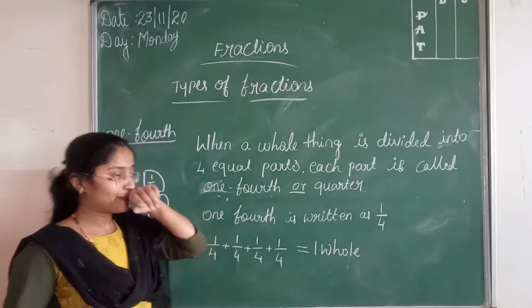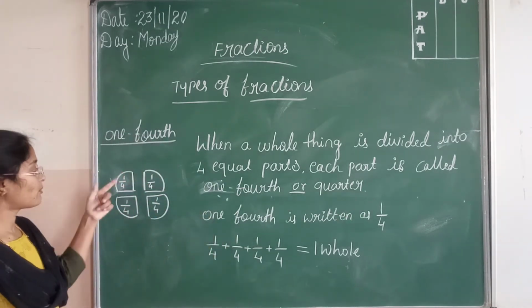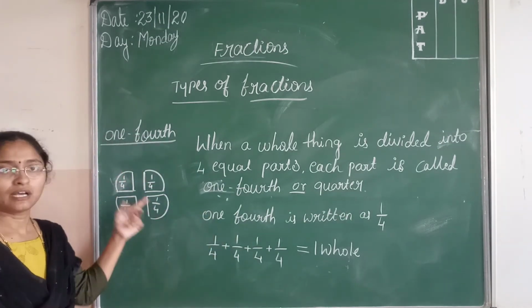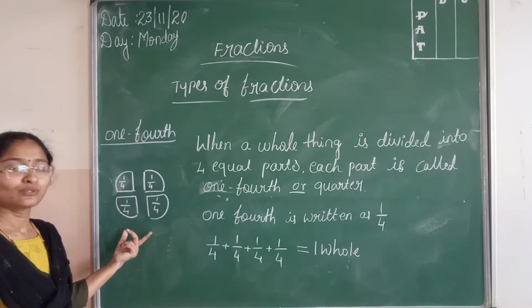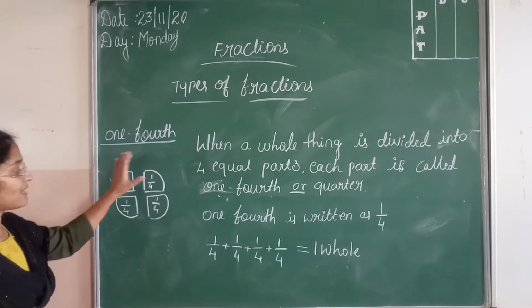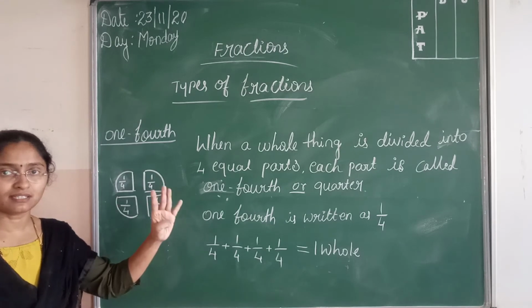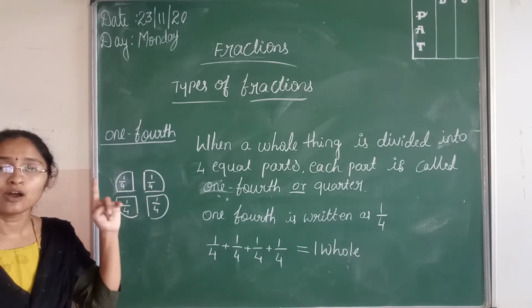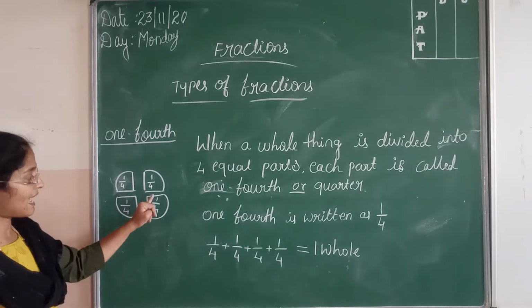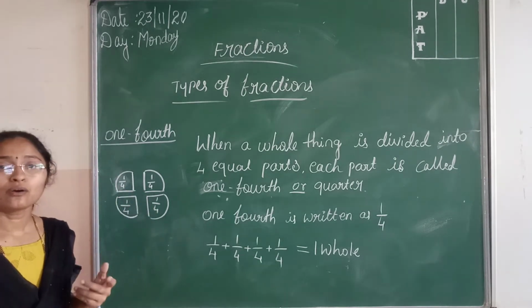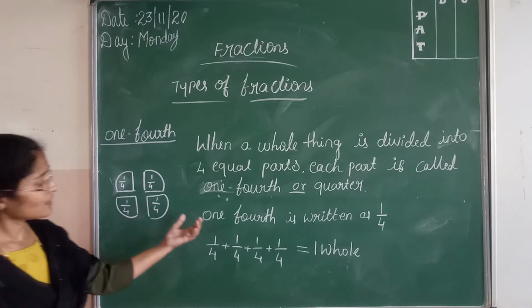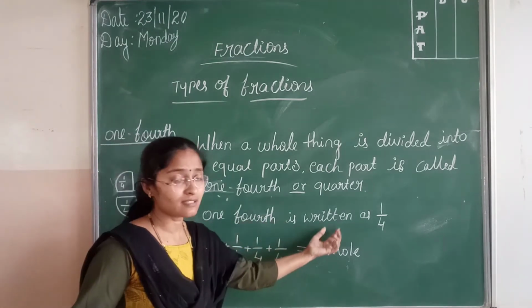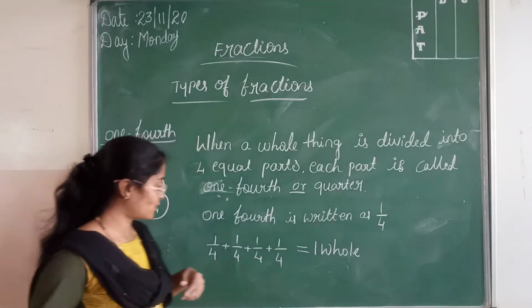So when it is divided into 4 equal parts, 1, 2, 3, 4, all parts are equal here. The one part we call 1 upon 4, or we read it as 1/4 or quarter. So 1/4 is written as 1 upon 4.